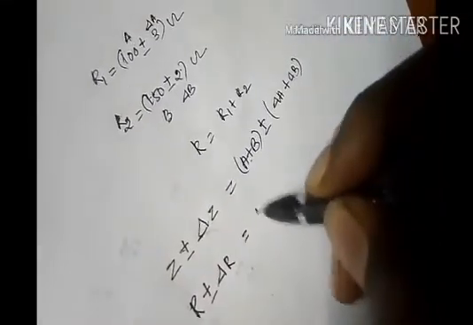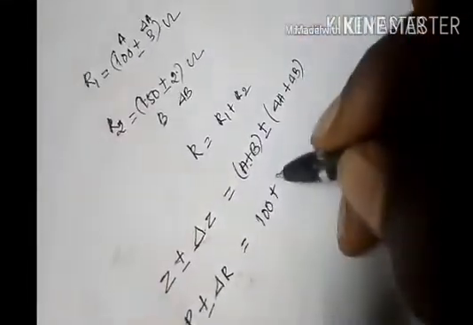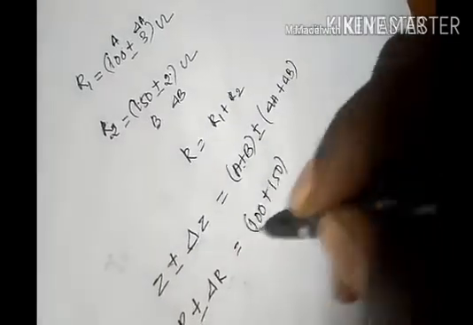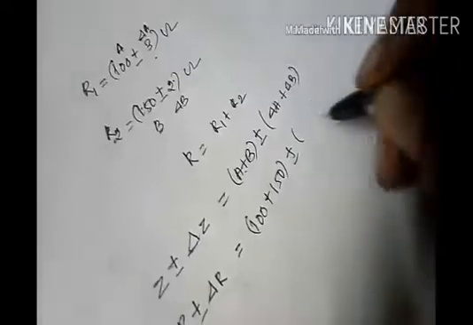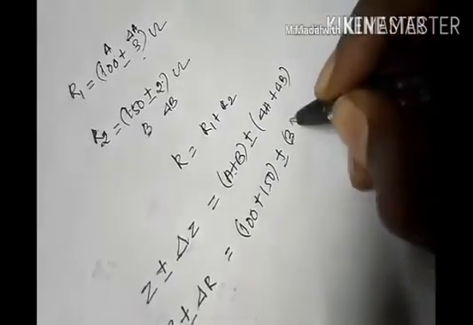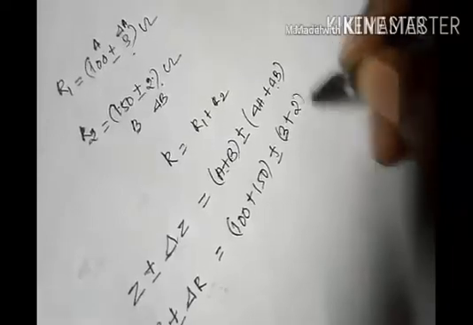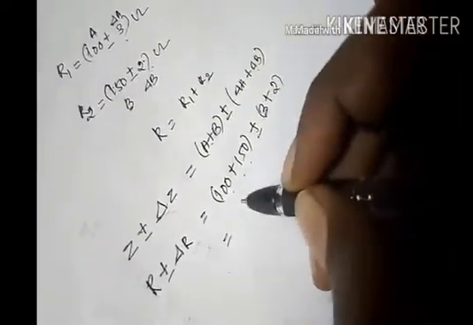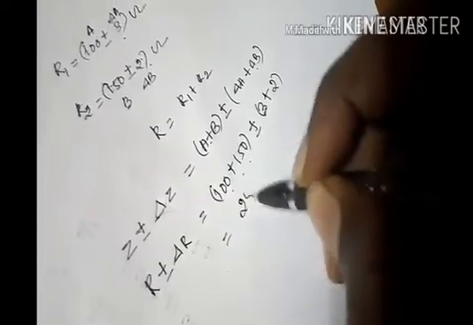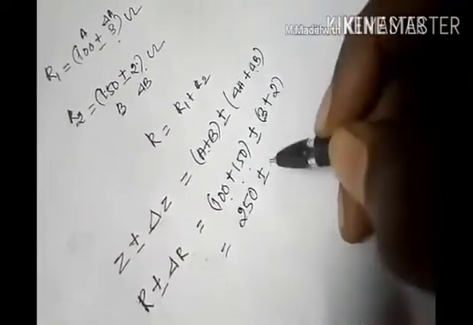Here the A value is 100, then the B value is 150, then plus or minus delta A value is 3 plus delta B value is 2. So 100 plus 150, the value is 250, plus or minus 3 plus 2, 5.